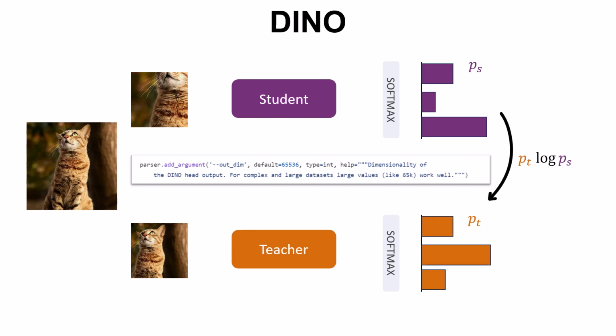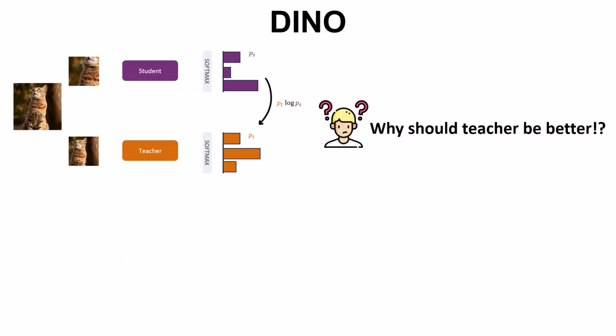The other thing is teacher is not architecture-wise stronger than student. It has the exact same architecture, exact same number of parameters, but somehow it should be stronger. So there are two questions that you should ask. One is, how can we train this teacher? And the other is, why should teacher be better? So let's just answer this question first.